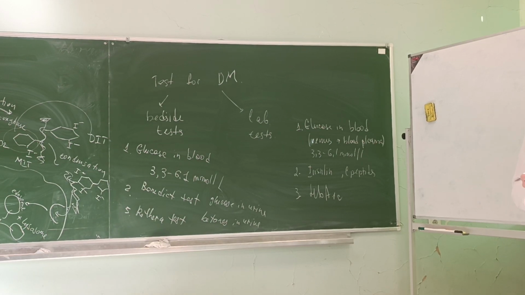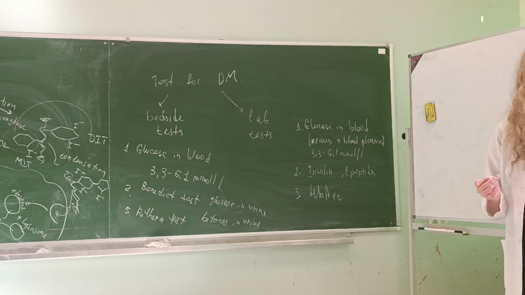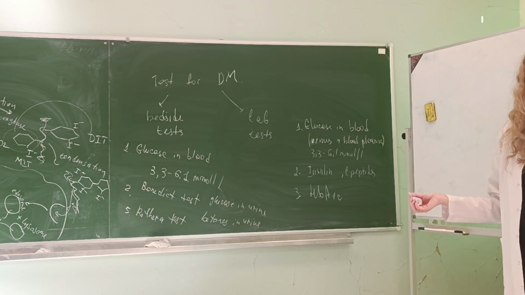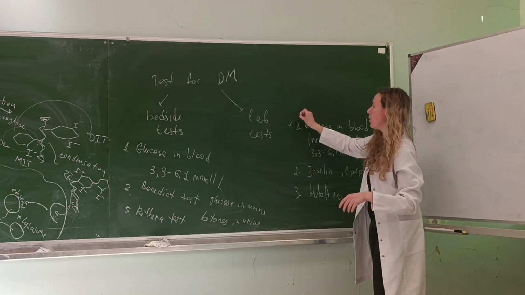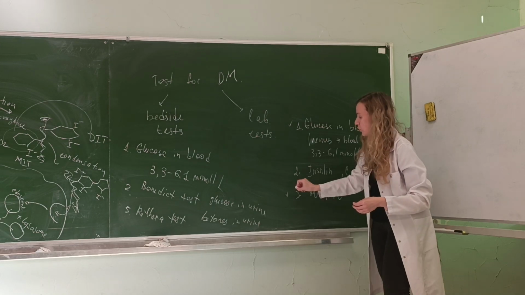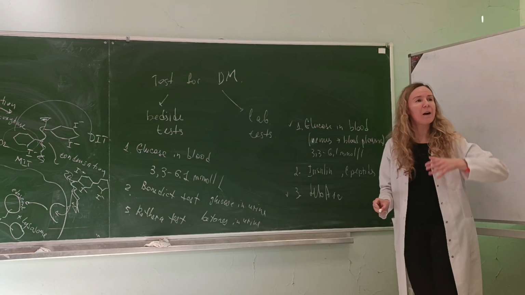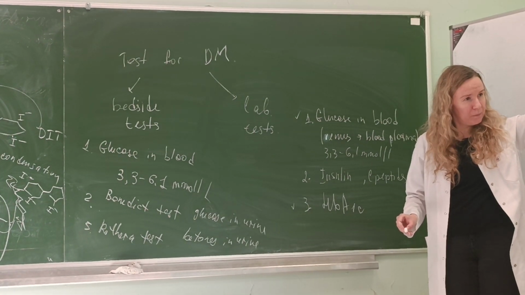Because I remind you that hemoglobin is the main protein of RBC, and the RBC period of life is 120 days. So blood glucose can show us glucose level right now. Glycosylated hemoglobin shows us if we had hyperglycemia in the previous 4 months.